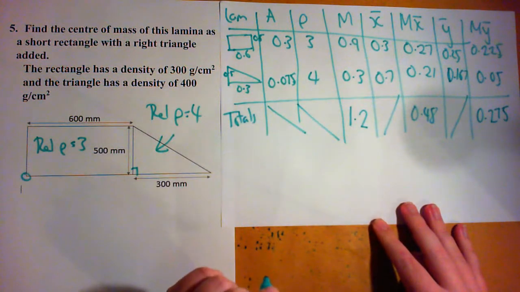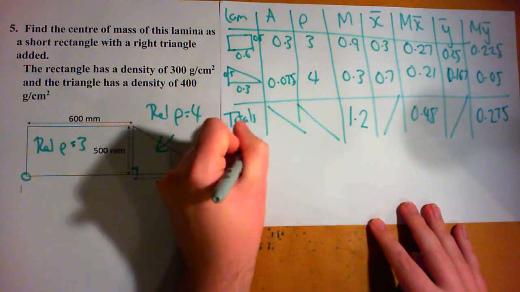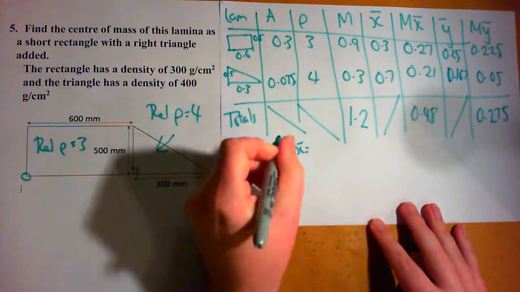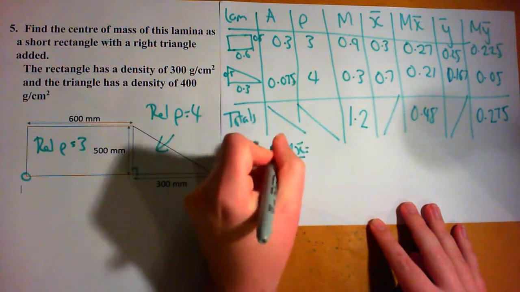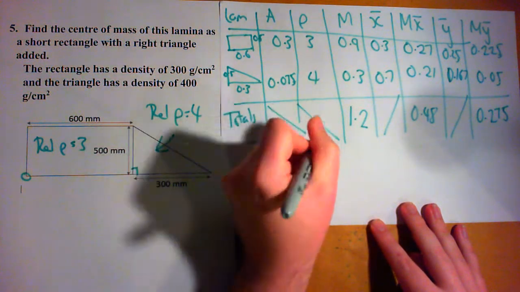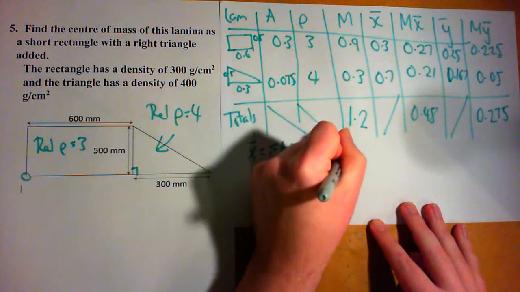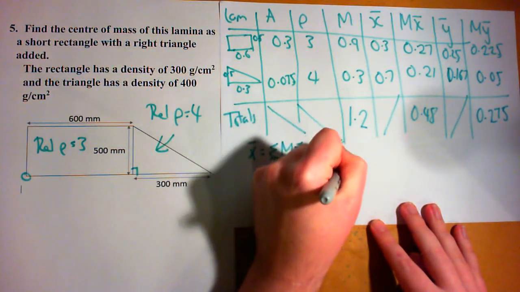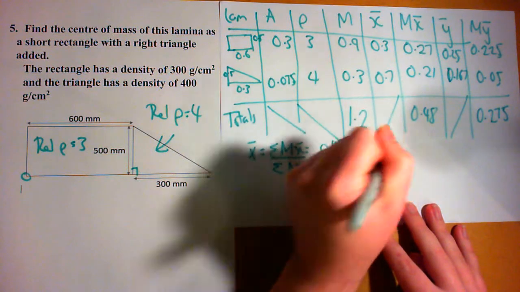And let's work out our x bar, which is the sum of the m times x bar divided by the sum of the mass, which is 0.48 divided by 1.2, giving you 0.4.